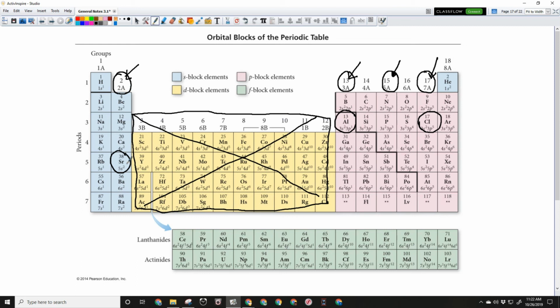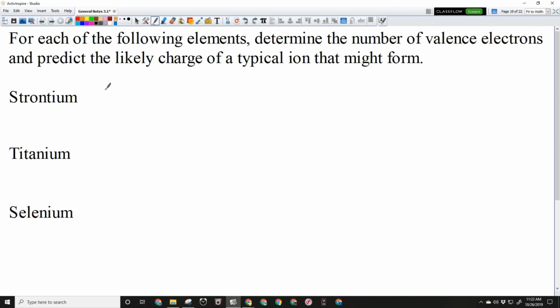It's a metal, so it's going to lose those 2 electrons. So if it loses 2 electrons, the charge is going to be +2.